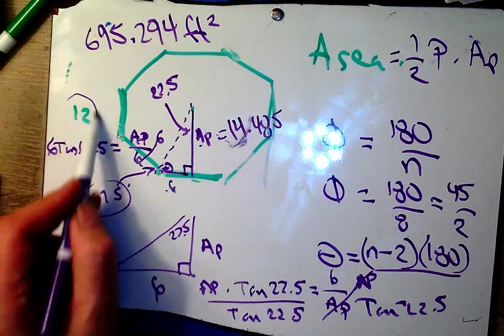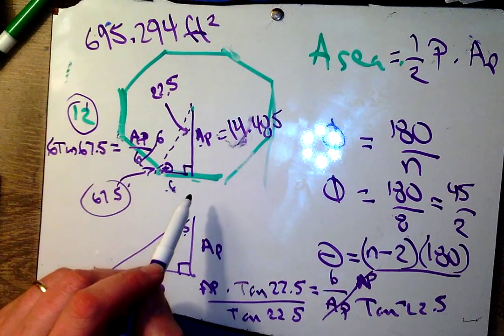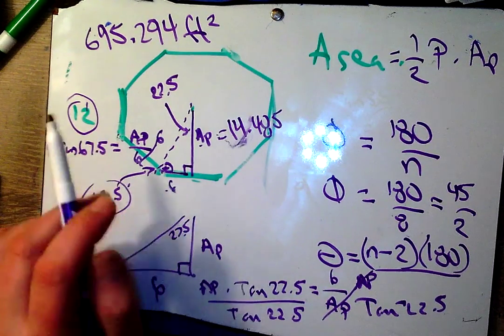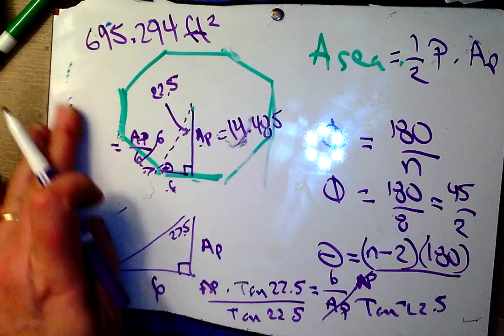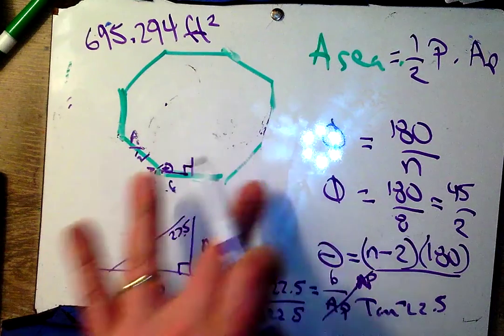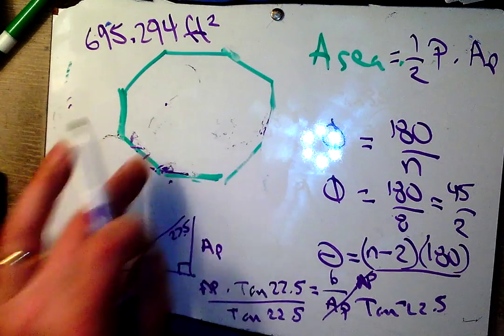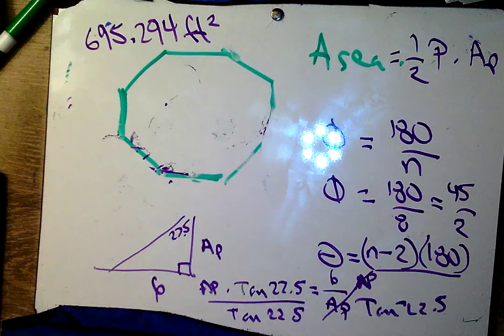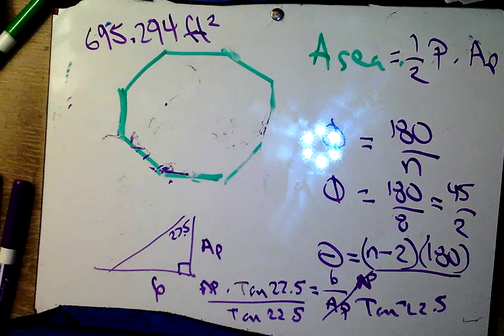That's when the side lengths are 12 feet. But what if instead of the side length being 12 feet, we enclosed the octagon of doom in a protective circle.